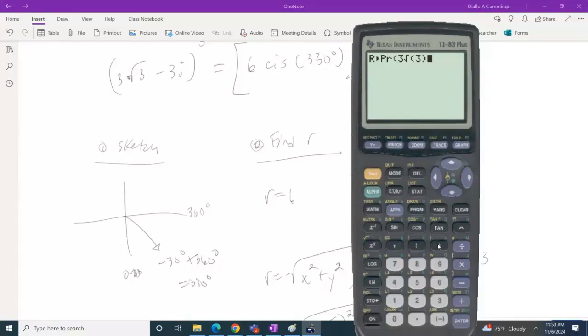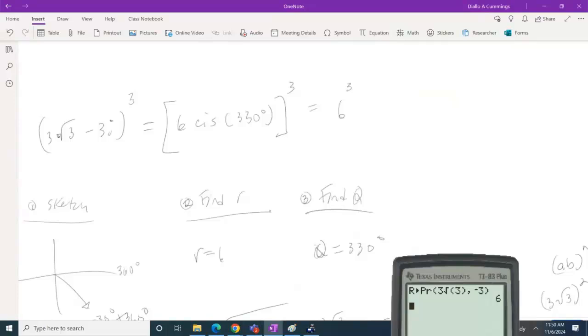So I put in my 3, and then you must close it off. Because without closing it off and finishing, it's going to give you an error. So I close off my square root. My y coordinate is negative 3, the coefficient. So make sure you put in a negative 3, and then that gives you 6. Yeah. Okay.